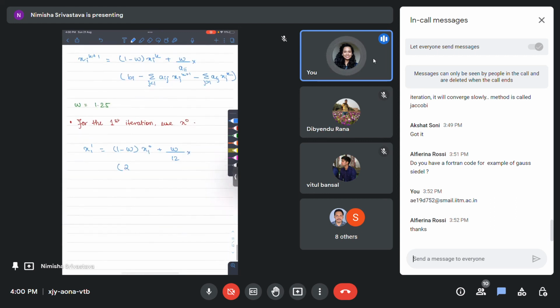Then b_1 minus the summation of a_ij where j is less than i. Here j is not less than 1 at all, because we don't have a location for x0.